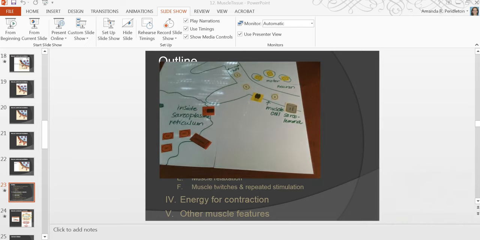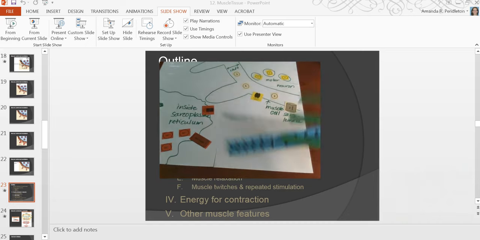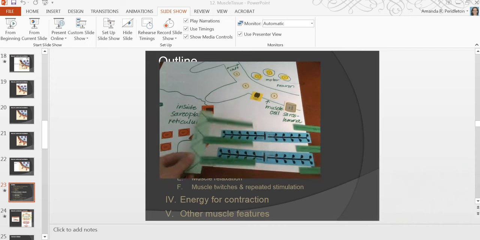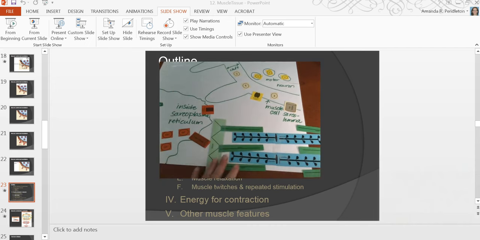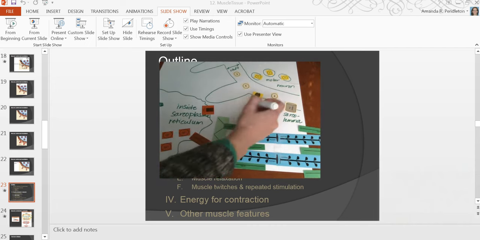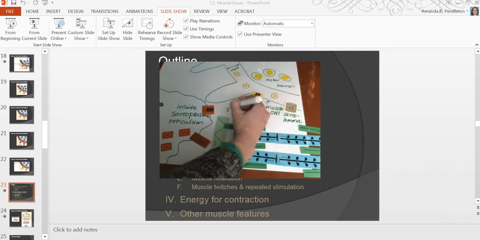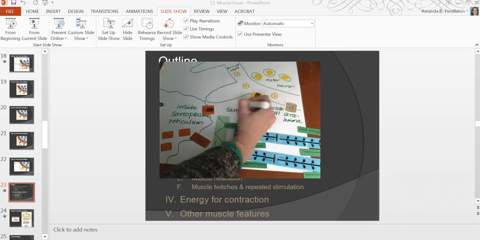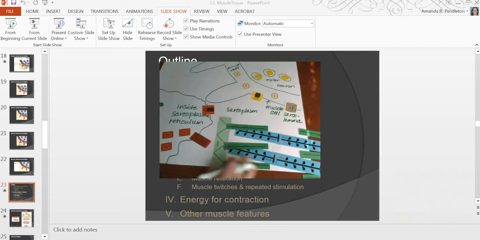Finally, the last thing that I do want to go ahead and put in this picture is the sarcoplasm, and the sarcomere. So in here is sarcoplasm.